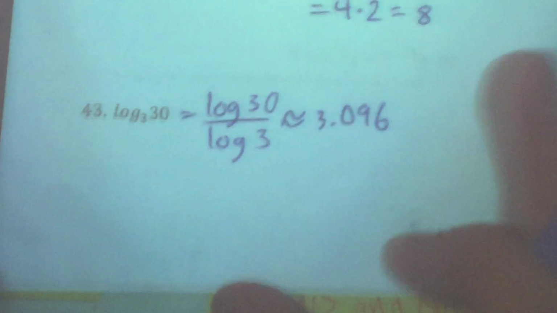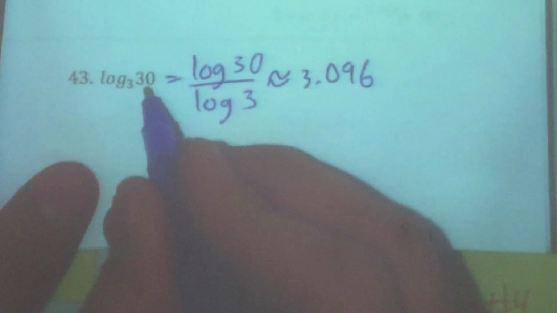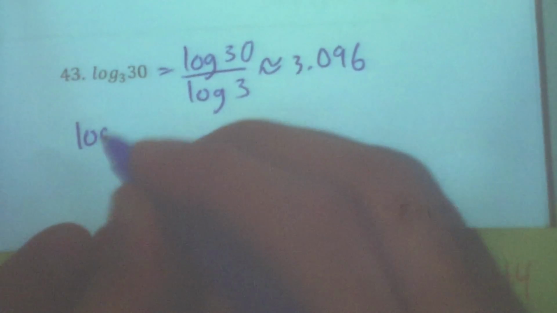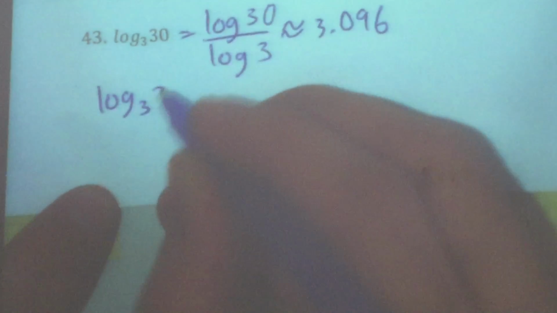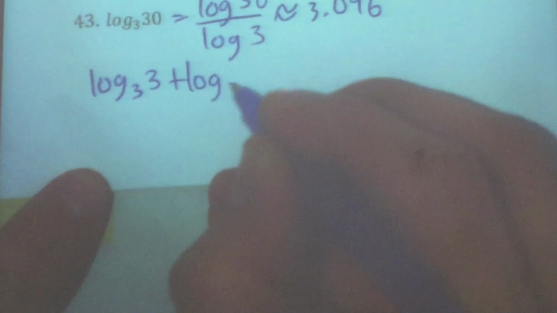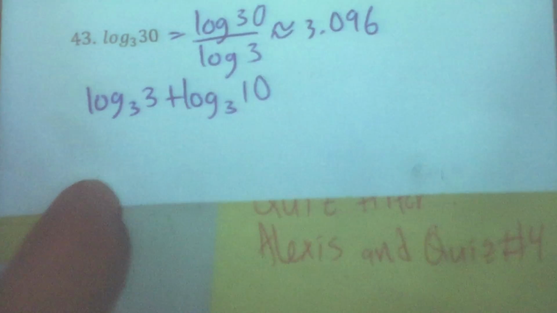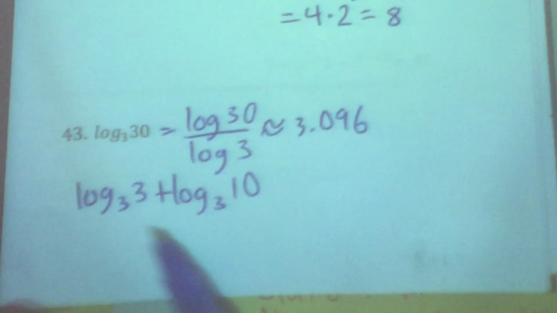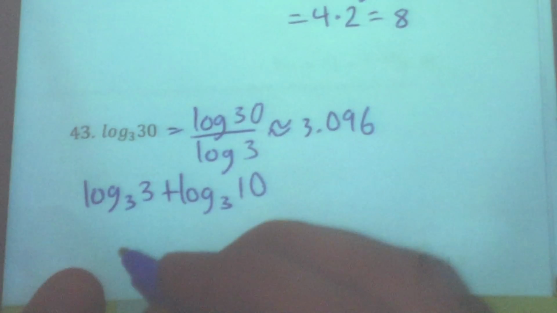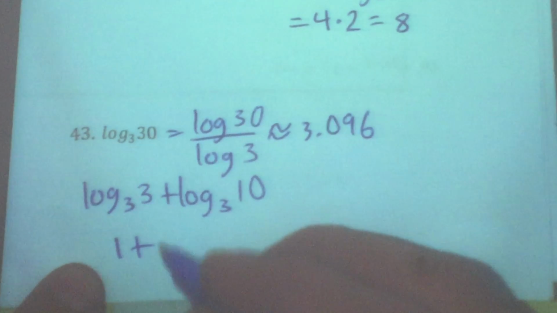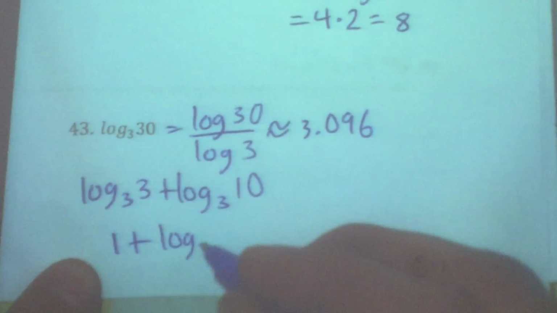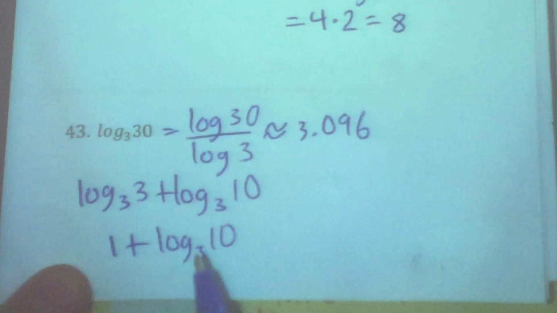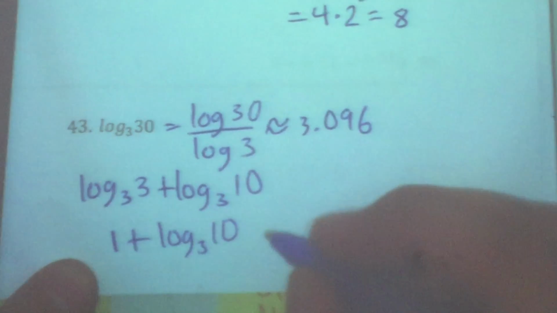Another way that I could have gone is to do this. The 30 is the same thing as 3 times 10. So I could write log base 3 of 3 plus log base 3 of 10, because 3 times 10 makes 30. And log base 3 of 3 is just 1. So it's 1 plus log base 3 of 10. Now I can't punch that into the calculator, so I can write this as log of 10 over log of 3.